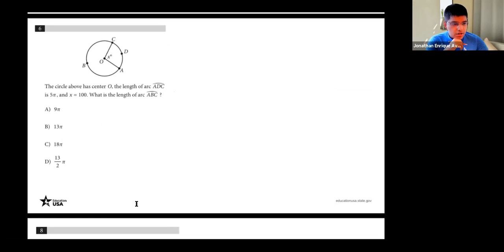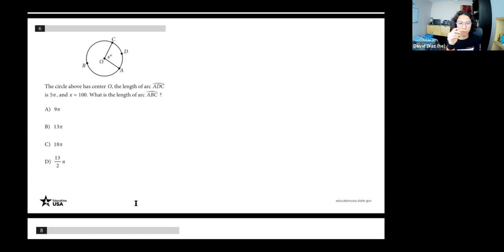Just one quick question. Is the angle in degrees or in radians? I think it's degrees, right? Because of the little circle. You're going to be solving in radians, I think.